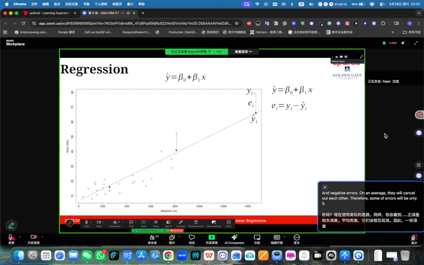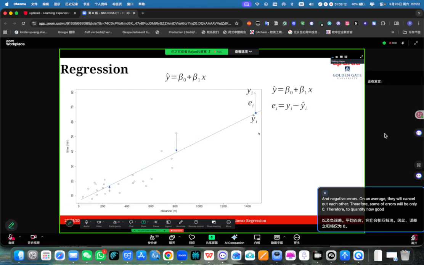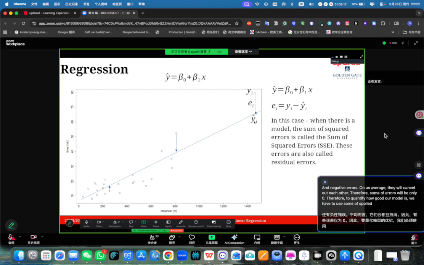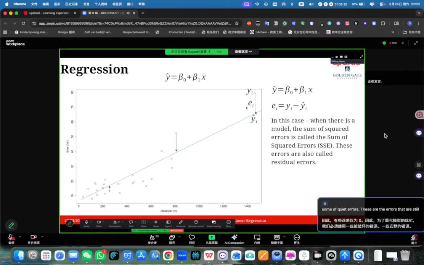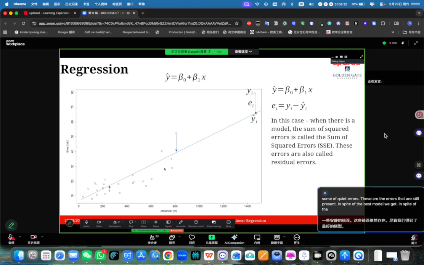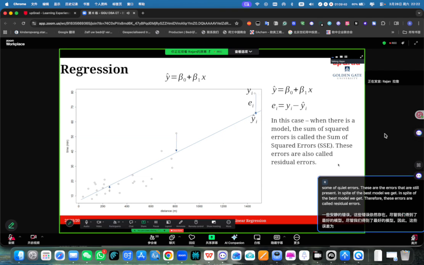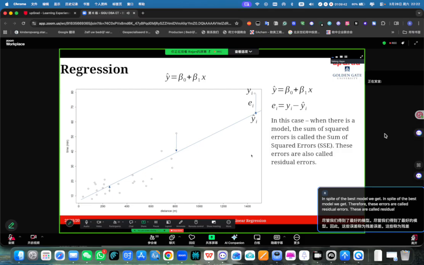Therefore, to quantify how good our model is, we have to use sum of squared errors. These are the errors that are still present in spite of the best model we get. Therefore, these errors are called residual errors.